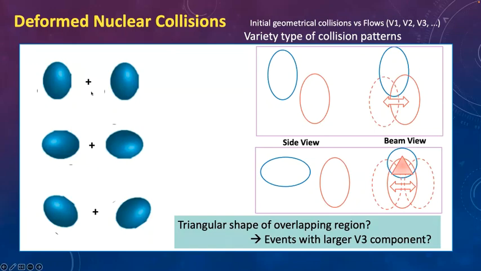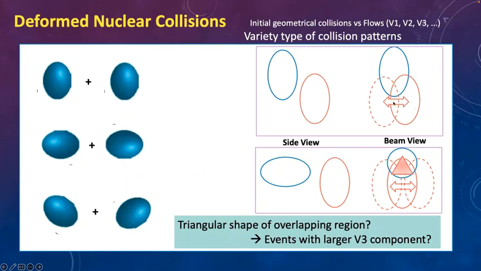So this is a typical collision event. But in reality, there are many cases of collision type. For example, in this case there is also another freedom: the beam axis, how it is off center, and this also changes the initial condition region.